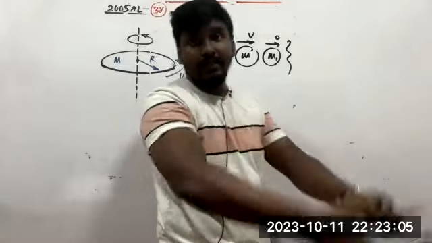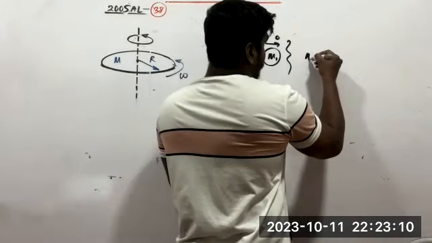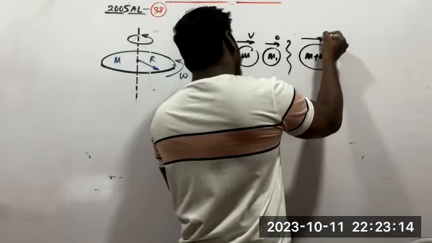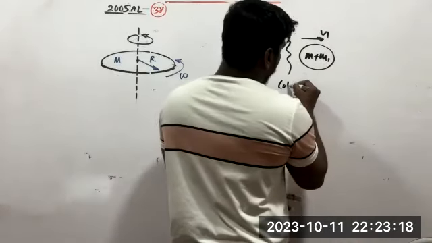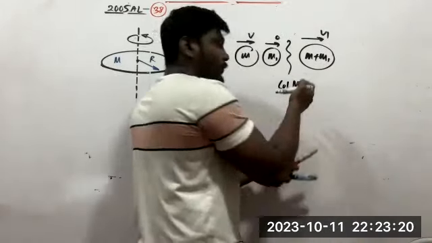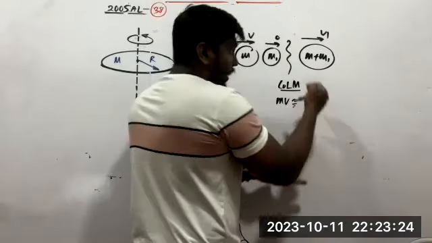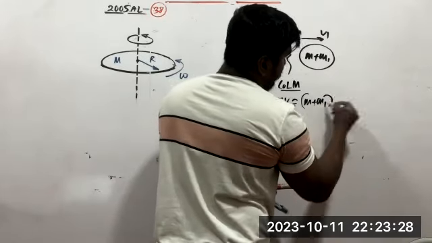After collision, they stick together and combine. Then the total mass m plus m1 will have velocity v1. How do you find v1? Apply conservation of linear momentum. Total momentum before, mv, must equal total momentum after, m plus m1 times v1.